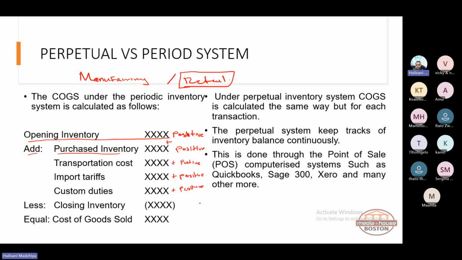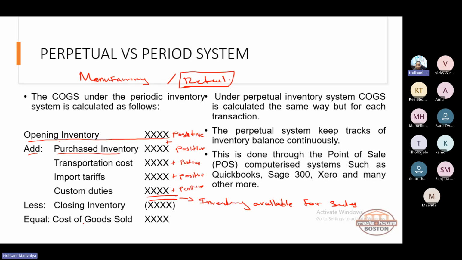This will give you a total, and this total is called inventory available for sale. Once you add your opening inventory plus your purchased inventory, including all the costs associated with the one that you purchased, this will give you the total cost that is called inventory available for sale.